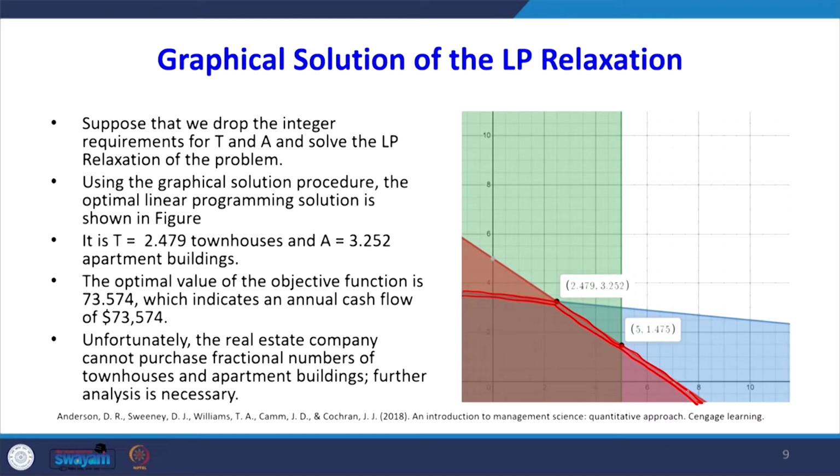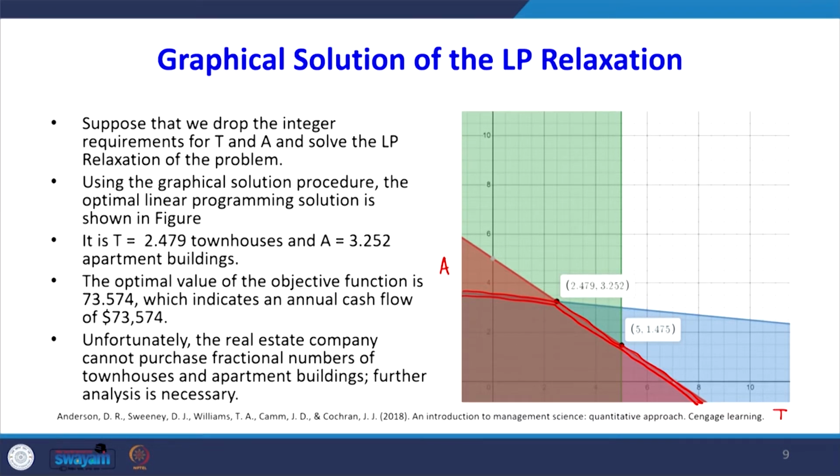When I solve graphically, the solution I am getting is 2.479, where the x axis is townhouses and the y axis is apartment buildings. Now, when you look at this result, you see that it is not an integer, we are getting decimals, but constructing and interpreting decimal quantities is very difficult.